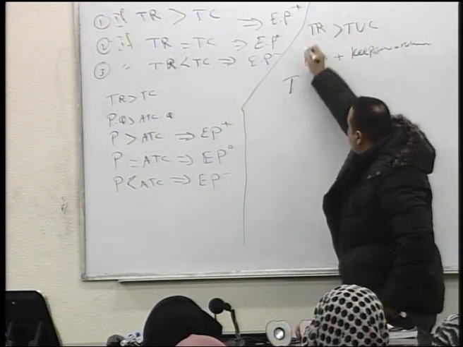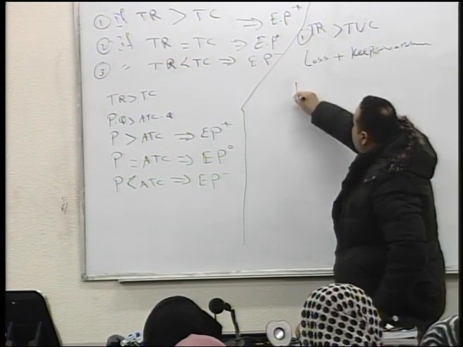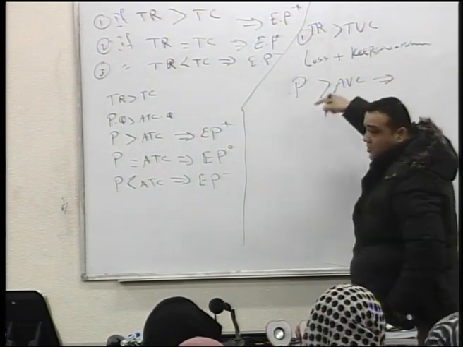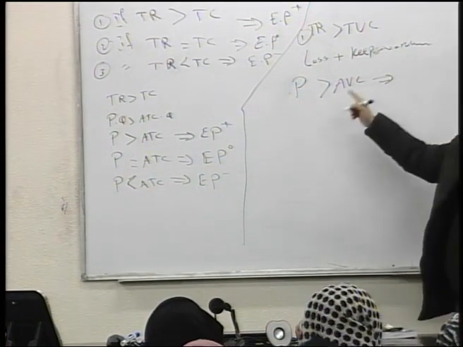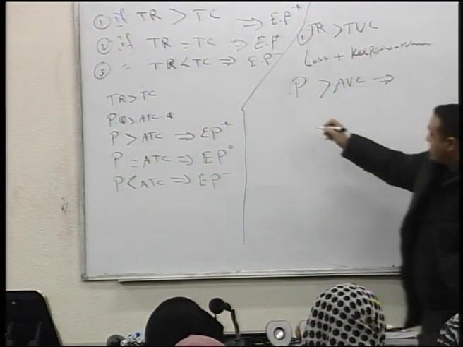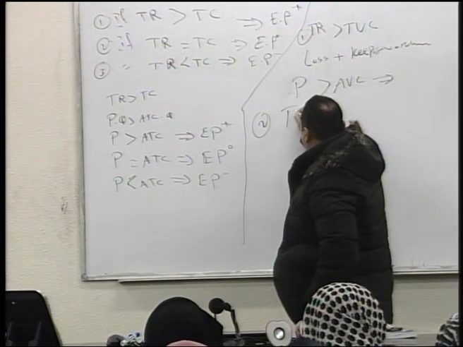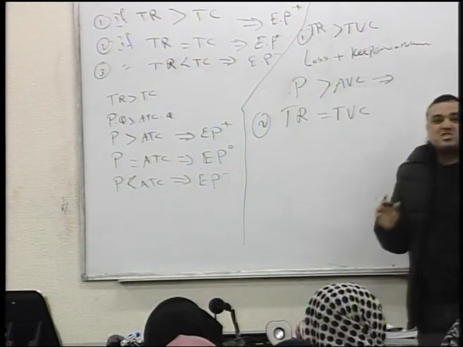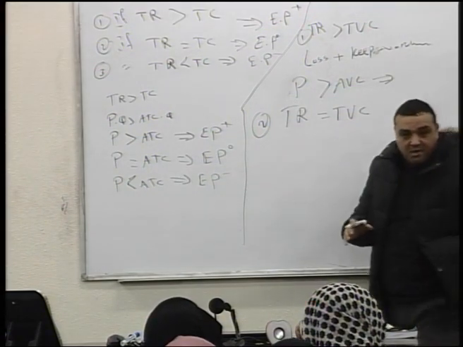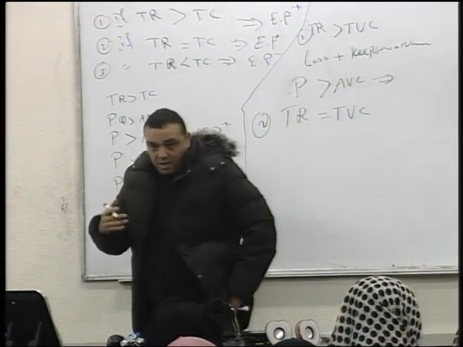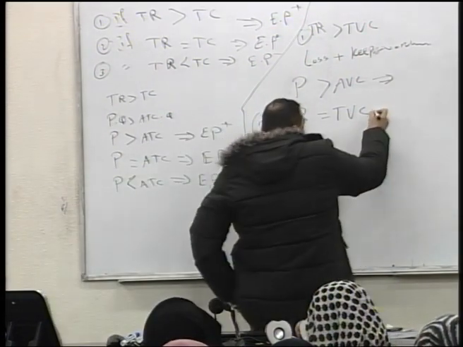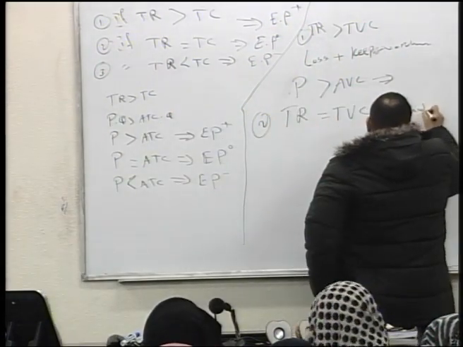This is number one: if the price is bigger than AVC, even if we have a loss, we have to keep working. Case number two: if total revenue equals total variable cost, we are talking about the shutdown point, the confusion point for deciding either to shut down or keep working.